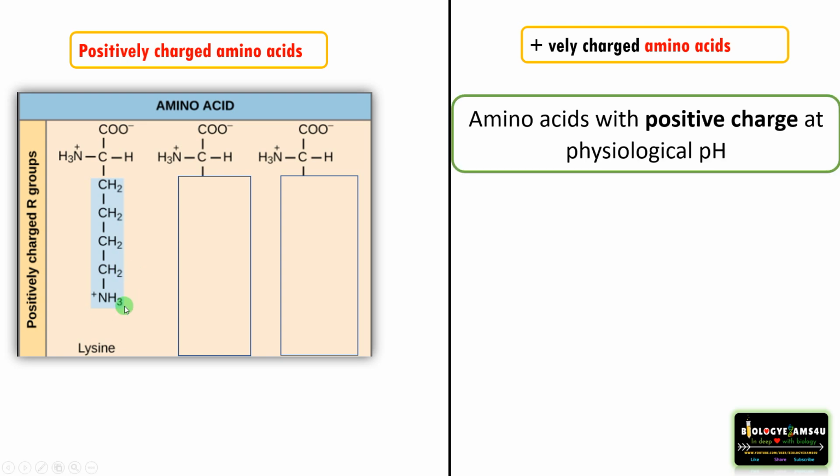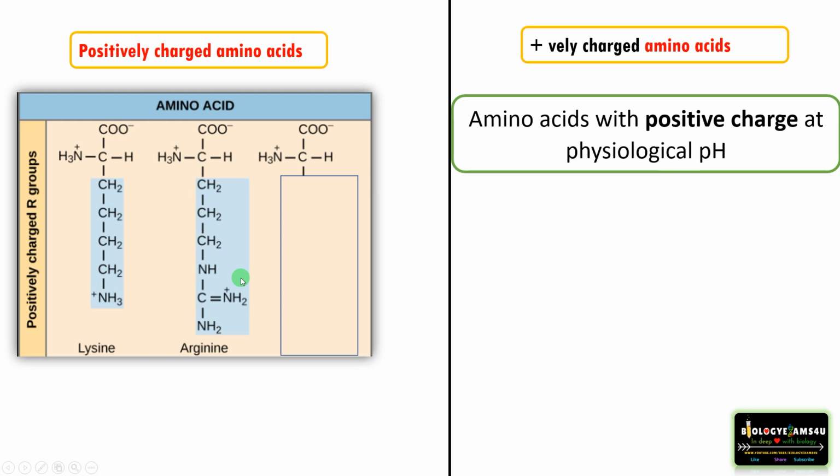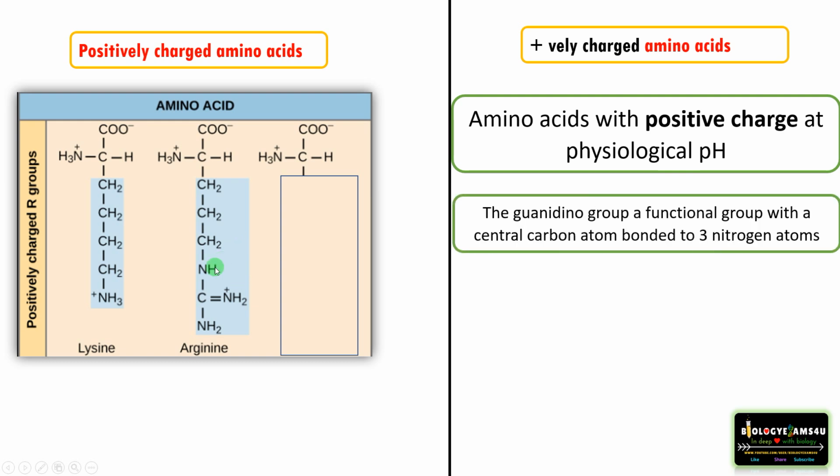Lysine contains an amino group that is positively charged at physiological pH. Then the next one is arginine. This has a guanidino group that carries a positive charge. It's a functional group with a central carbon atom that is bonded to 3 nitrogen atoms, 1, 2, 3.